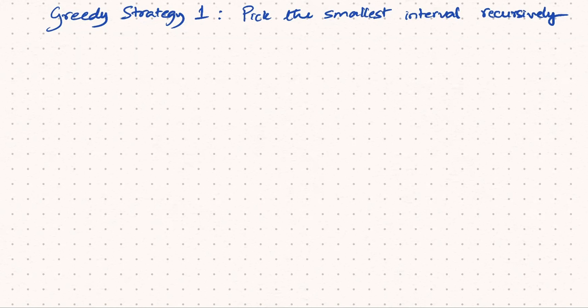Okay, so this strategy does not work. So again, if you have not figured this out, please pause your video and try to come up with a counterexample. Okay, try to come up with an example, a set of intervals for which this particular strategy of picking the smallest interval does not work.